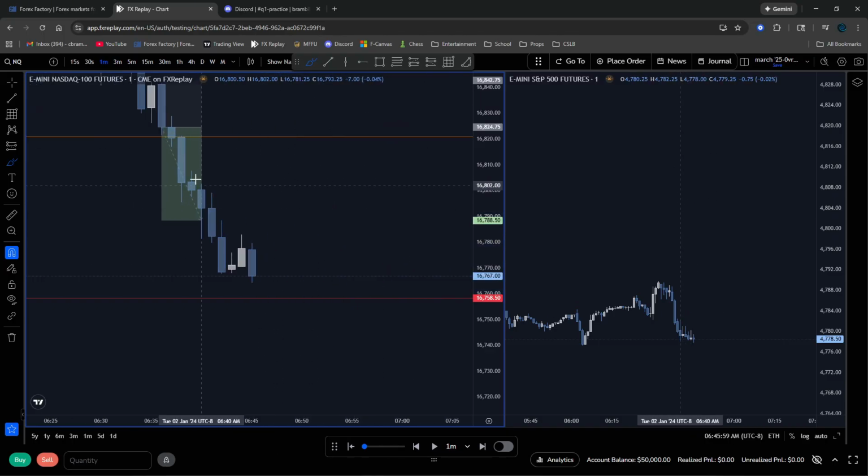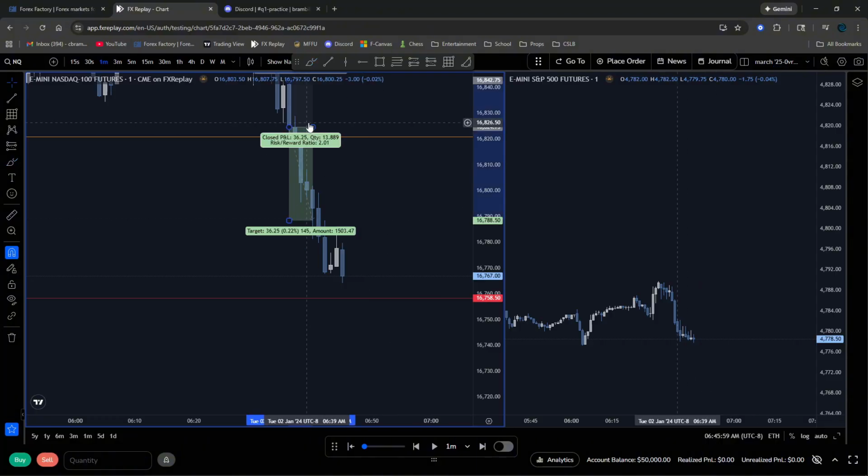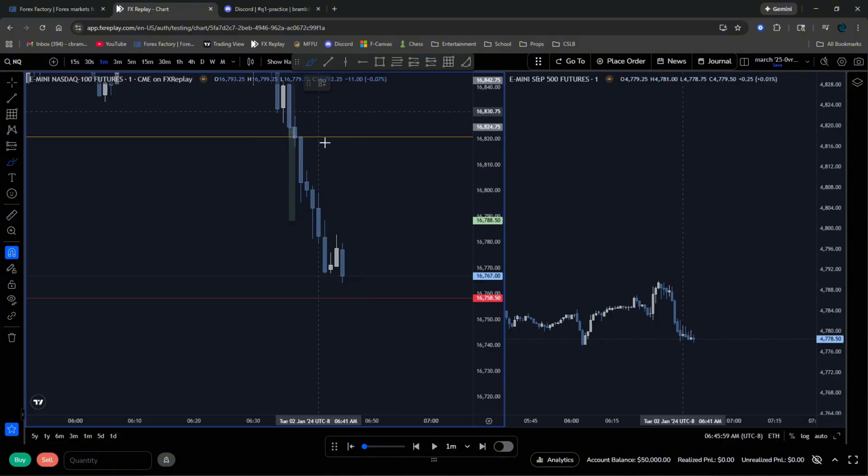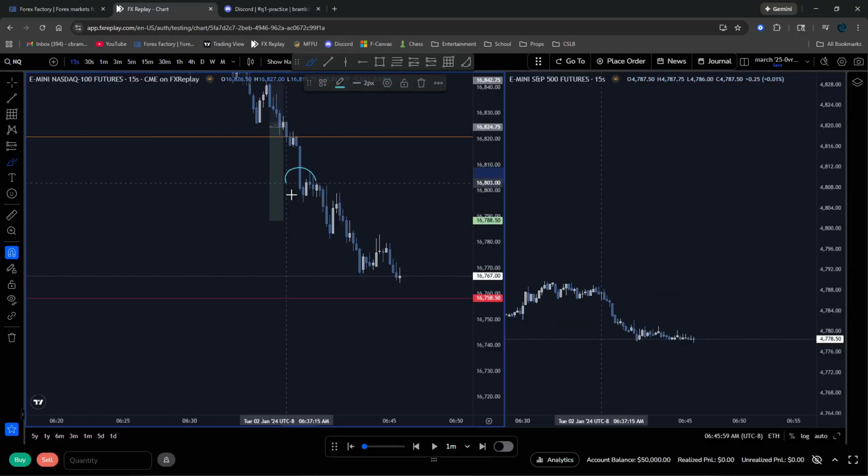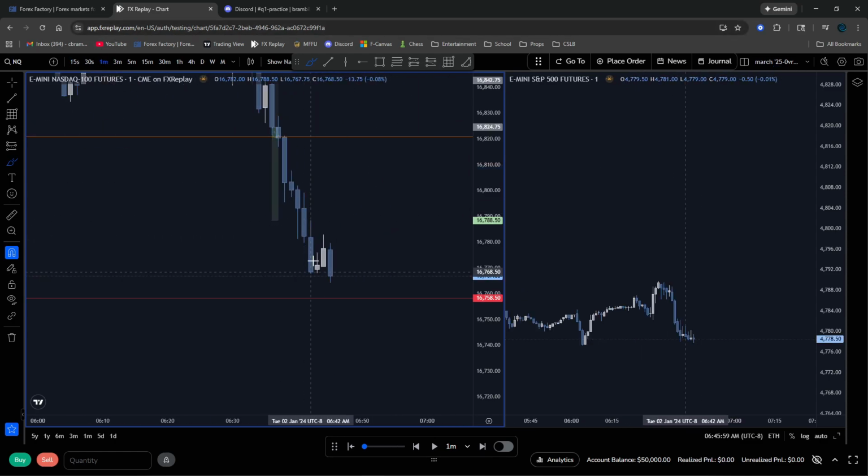Now this is important because it all lines up, right? Again, order flow. Displacement, this candle on the 15-second is an order block. Displacement, again. Displacement. Now what do you have?